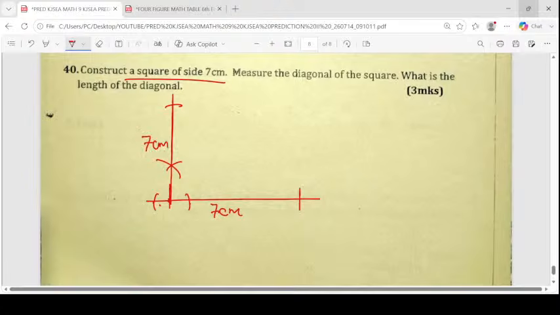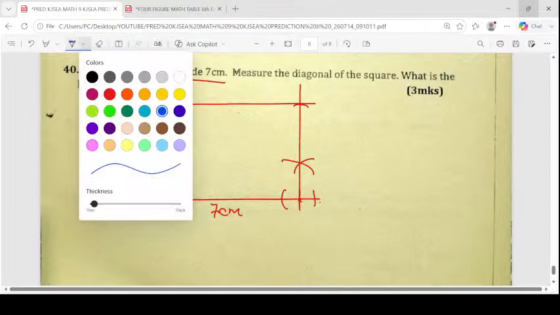Let's do it to this other point. Stand here, make an arc, come here, make an arc, come here, make another arc. Then you draw your line, measure 7 centimeters, it is here. Now join it this way. That is our square.